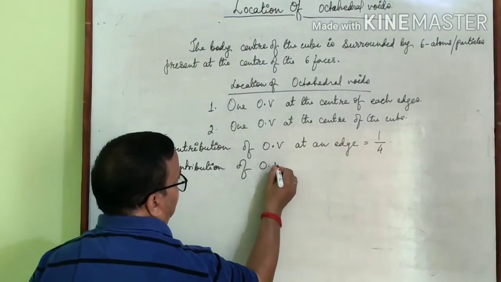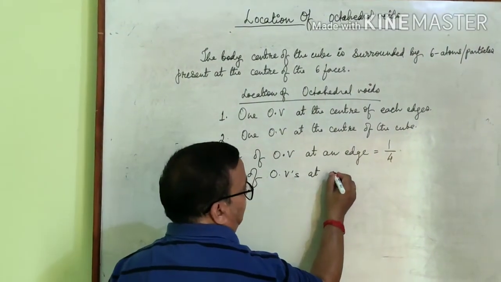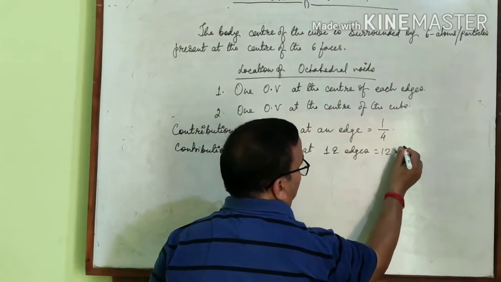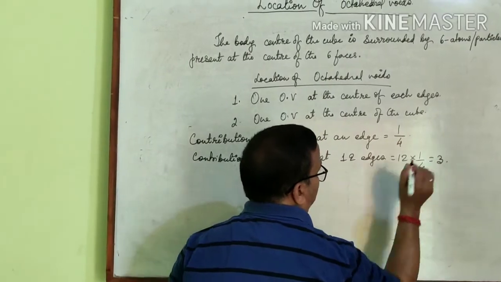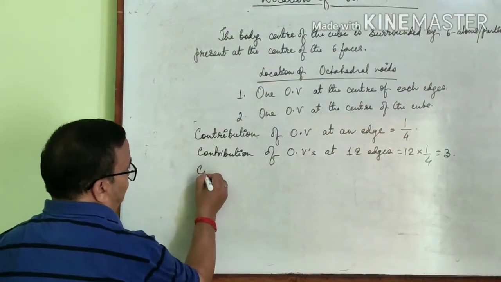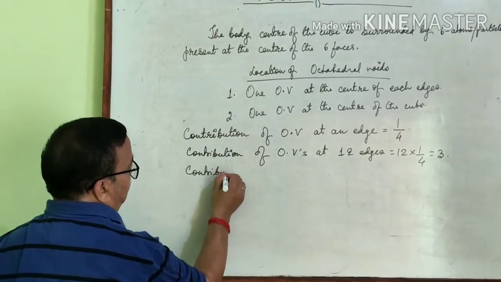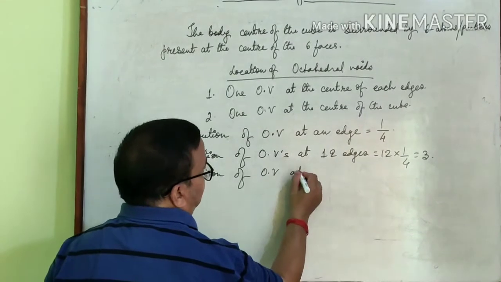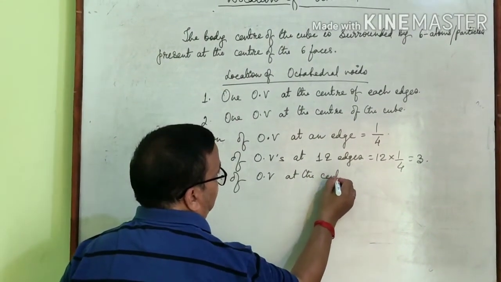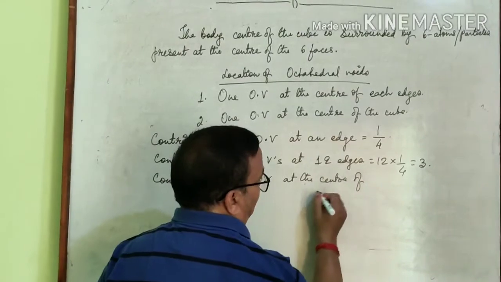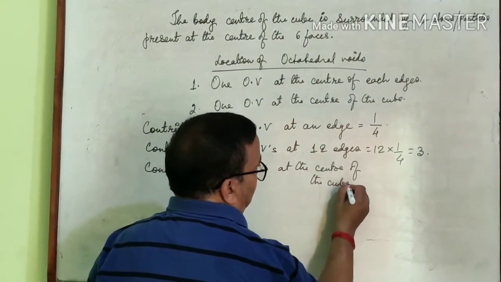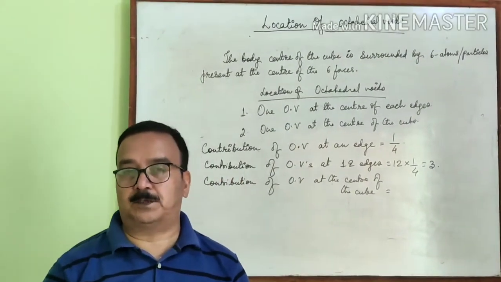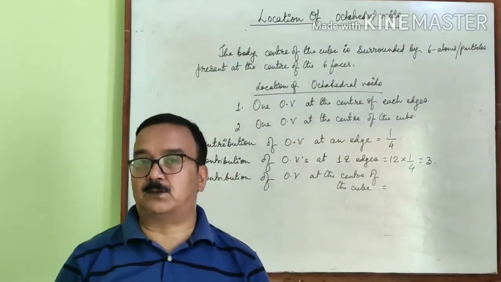So the contribution of octahedral voids at the edges: how many edges are there? 12 edges. It is equal to 12 into 1 by 4, that is 3. Similarly, the contribution of the octahedral void at the center of the cube: the particle present at the center of the cube is not shared by any other unit cells.